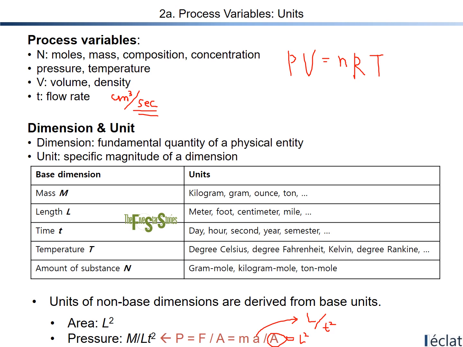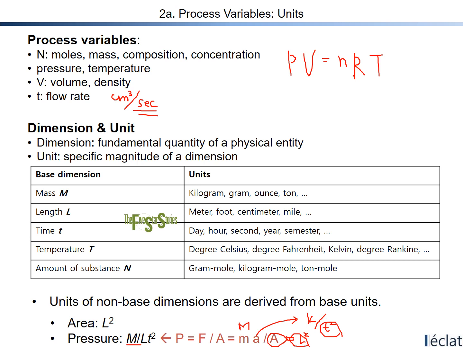So the dimension of pressure is described by the combination of base units like mass, this is m, mass per L per t square. So again, non-base dimensions could be described by a combination of base dimensions.